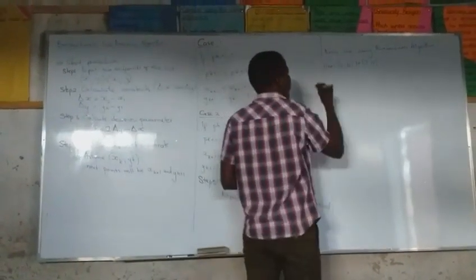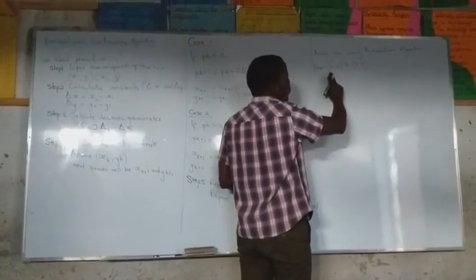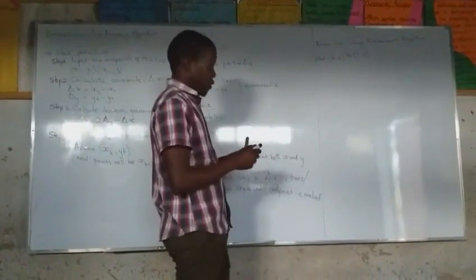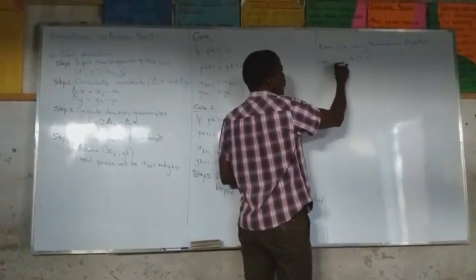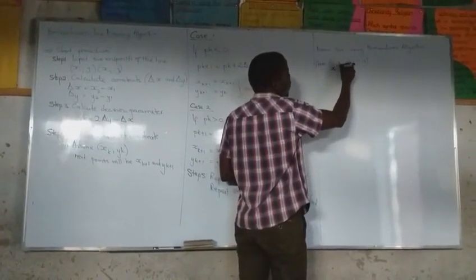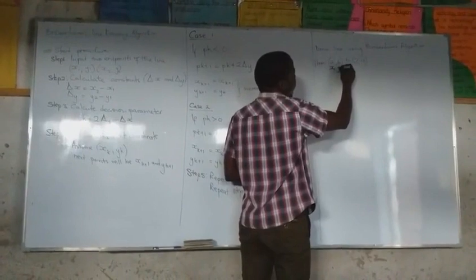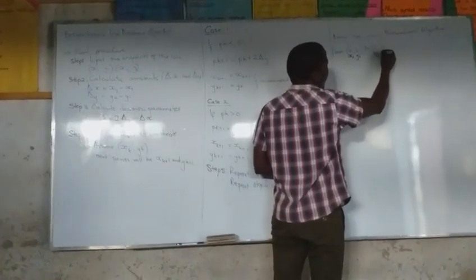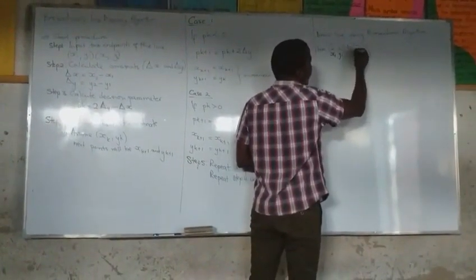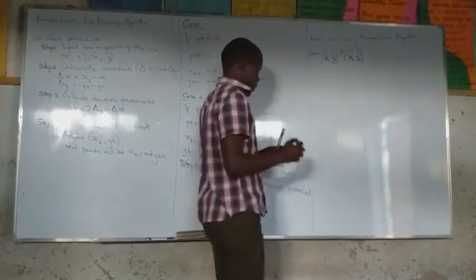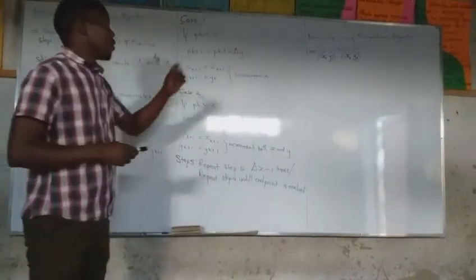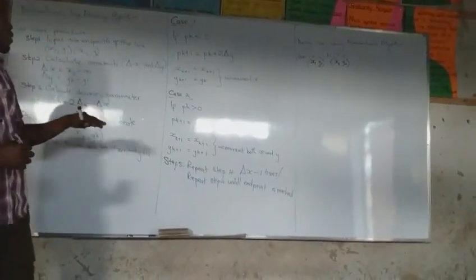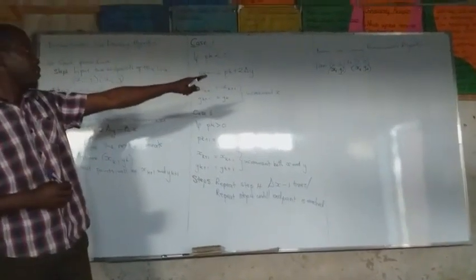So our coordinates are 2, 6, and 7, 10. It means 2 is our x1, 6 is our y1, 7 is our x2, and 10 is our y2. So on the graph you plot. Right. That's our step 1.